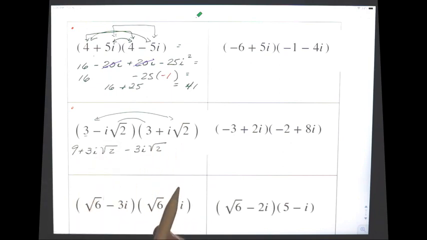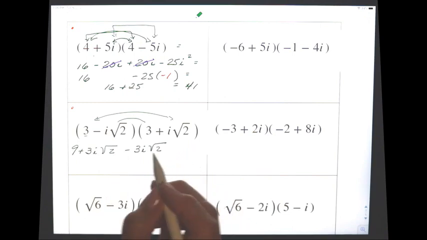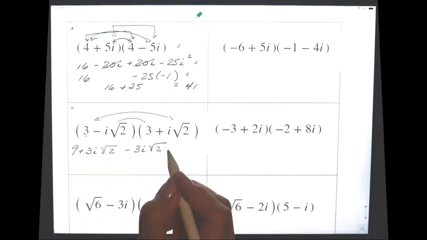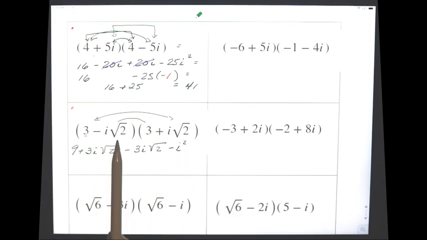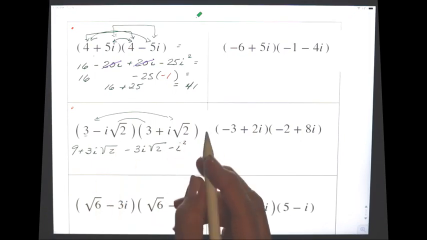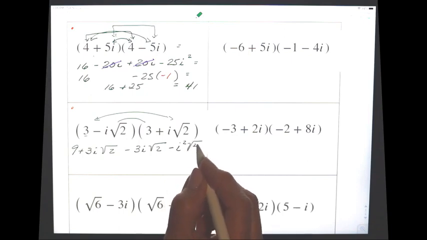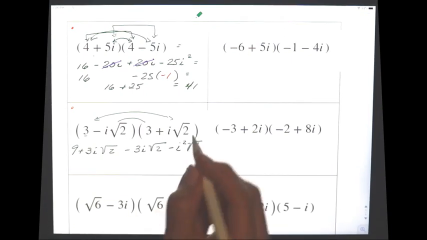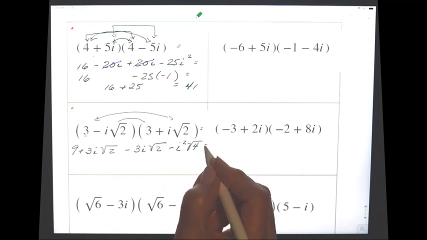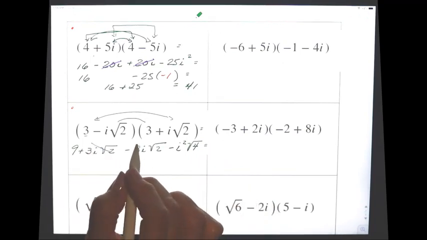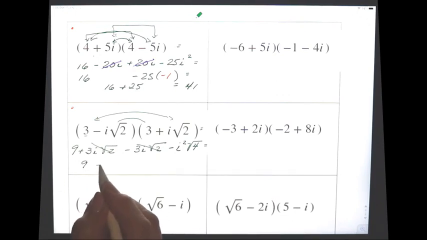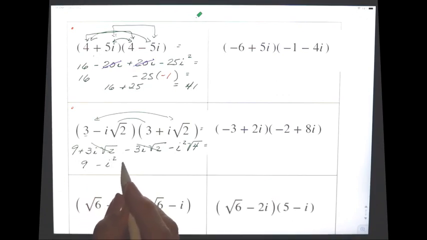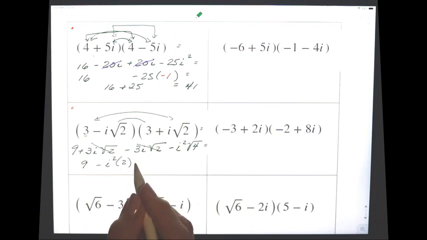The reason I wanted to show you this one is to show you this last product. So I'm doing negative i times positive i, which is negative i squared. And then the square root of 2 times the square root of 2 is actually the square root of 4, which in just a minute you're going to see me simplify. All right, so let's get rid of these two. They add up to 0. So I have a 9, I have a negative i squared, and then I have a 2 here.